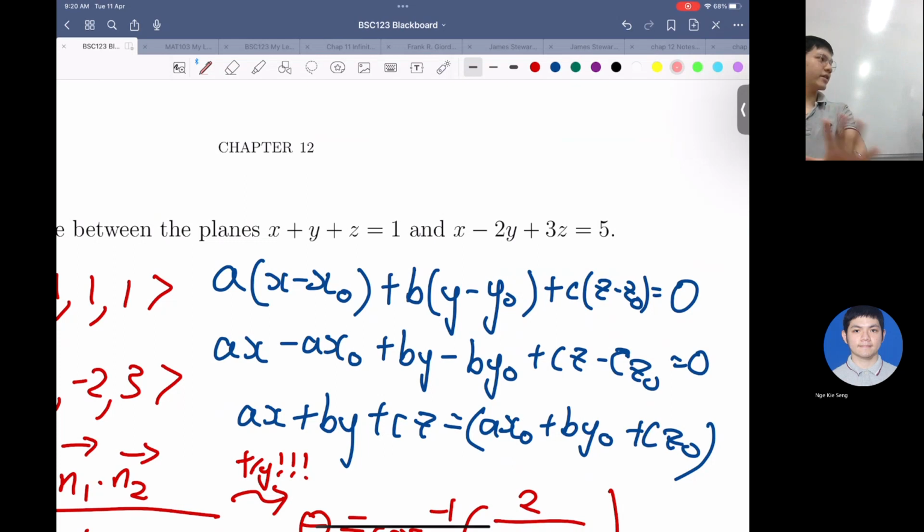From the non-zero form you can only read the normal vector from the coefficients of x, y, z.